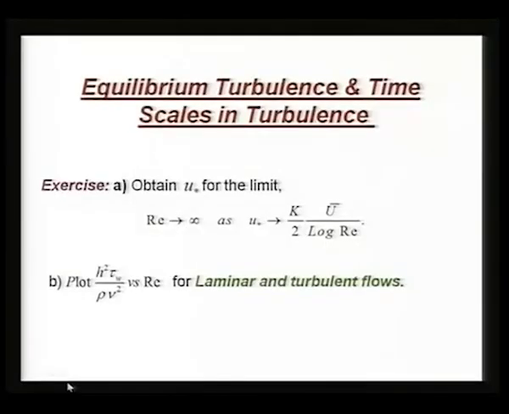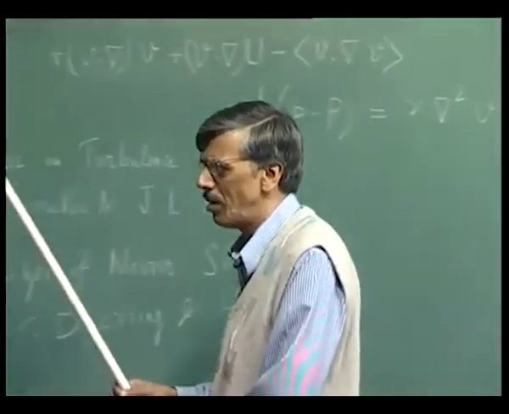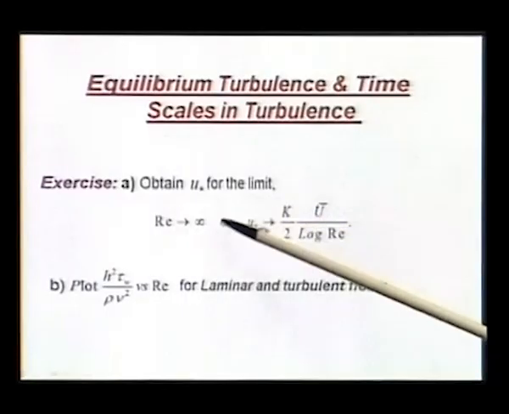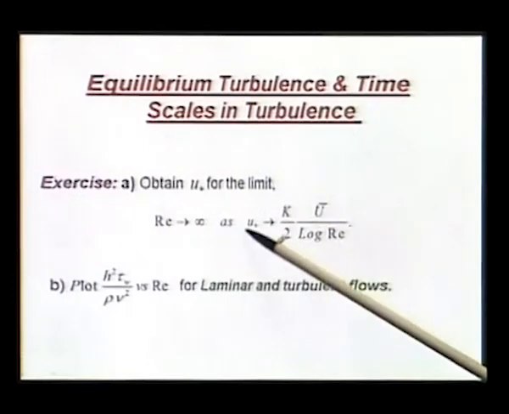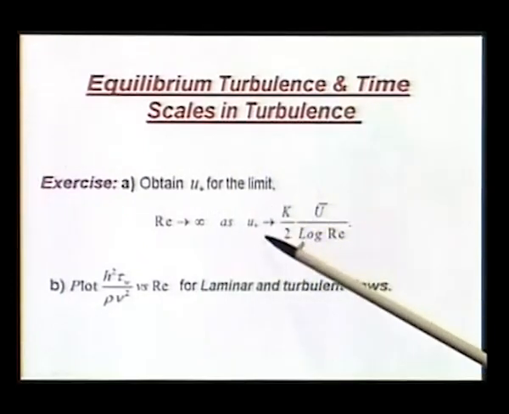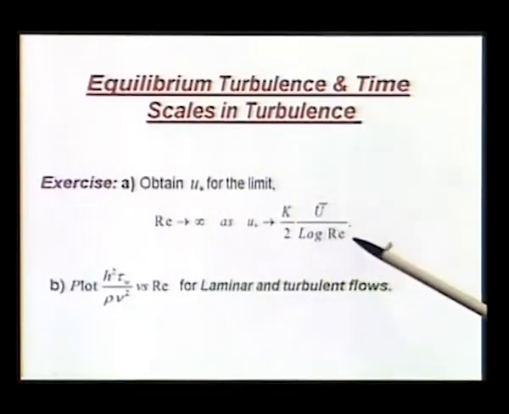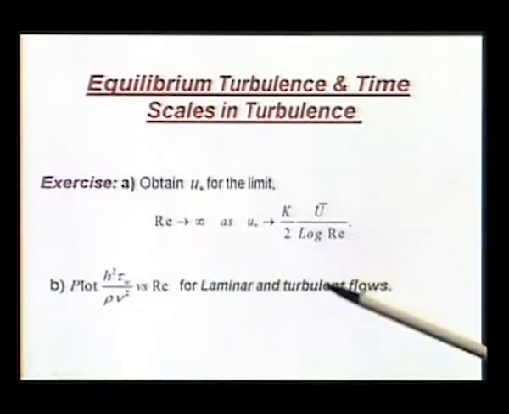Well, this is just kind of an exercise. You can spend some time looking at it, that what happens to this value of the frictional velocity in the limit Re going to infinity. That is truly a very high Reynolds number solution. You should be able to show that the frictional velocity has this kind of a log dependence on Re. This is at kappa. Okay, this is at kappa.